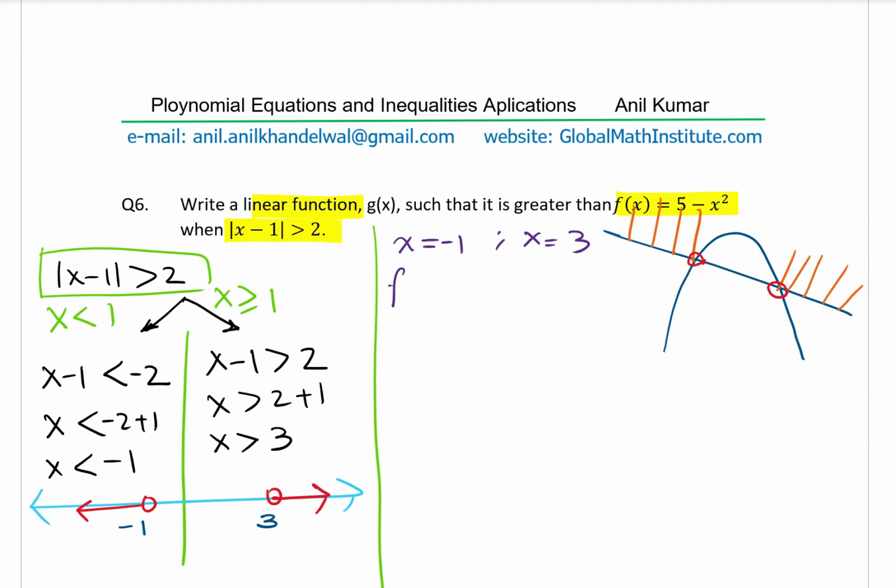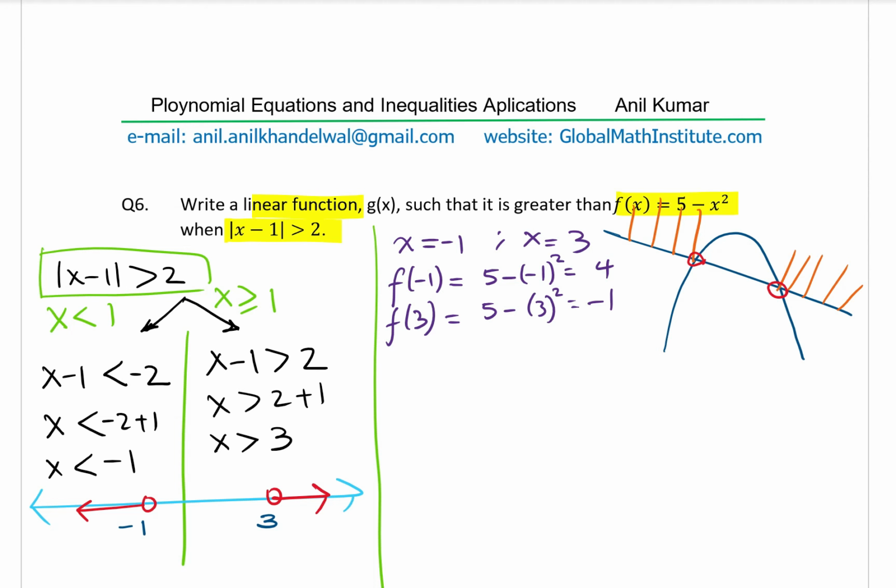So f of minus 1 is 5 minus minus 1 squared, which is 5 minus 1, which is 4. And f of 3 is 5 minus 3 squared, 3 squared is 9, and so we get minus 4, right? So these are the two values.